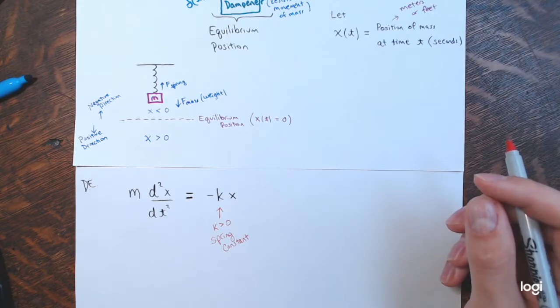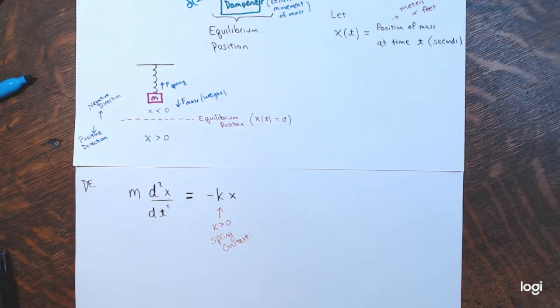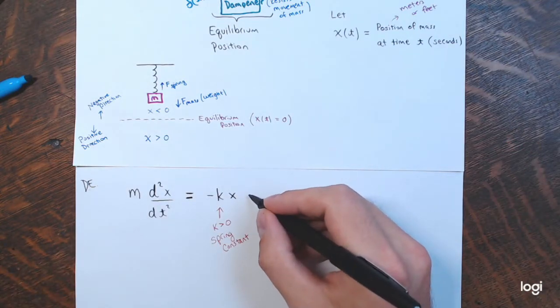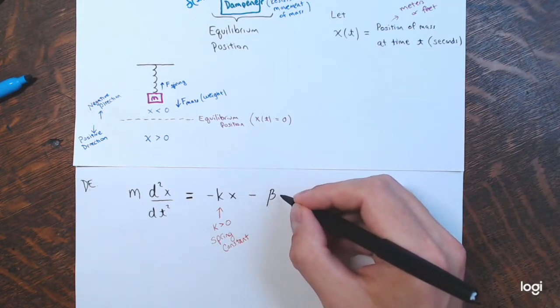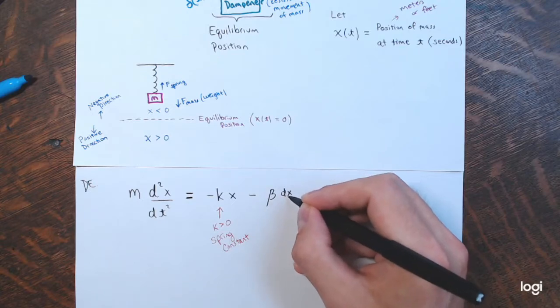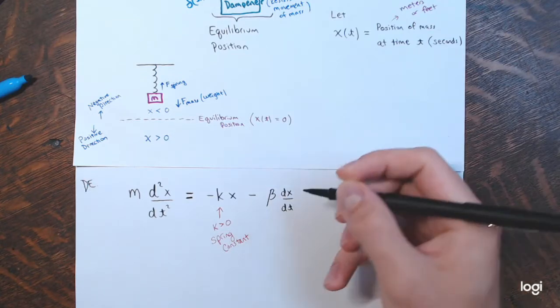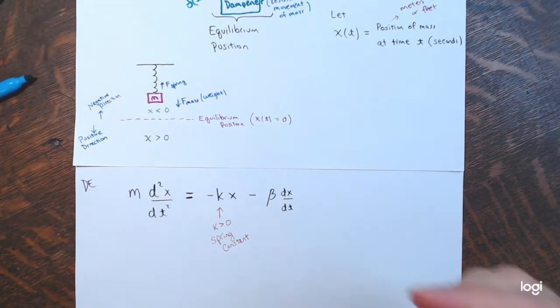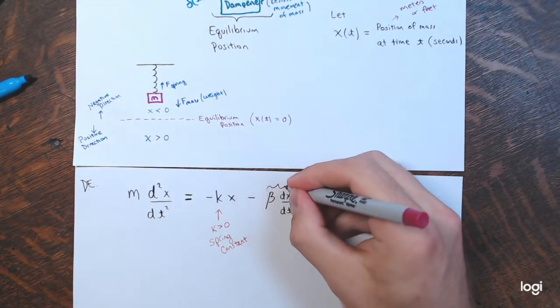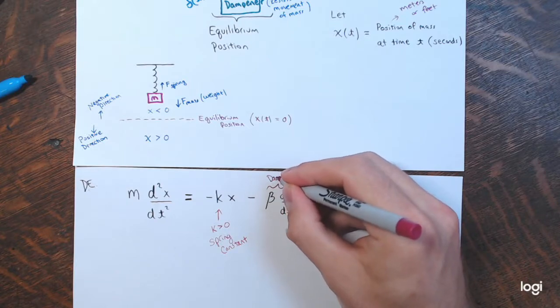Then another opposing force is the damping force, if there is any damping, so another minus here. Minus beta times dx/dt. And this beta times dx/dt is called the damping force.